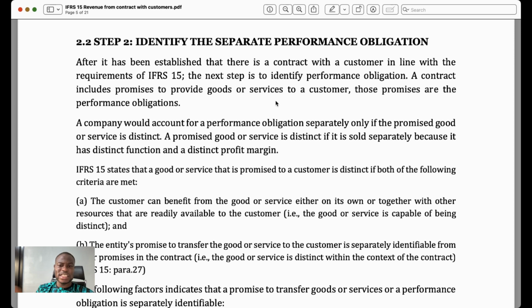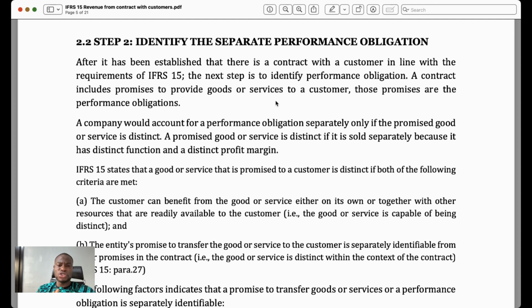And when we say distinct, it means that it is sold separately because it has a distinct function and a distinct profit margin, right? So if it is sold separately because it has distinct function and distinct profit margin, we recognize revenue for it separately.